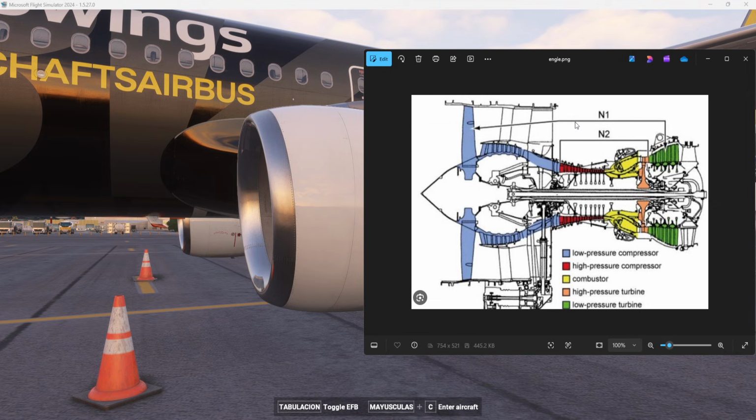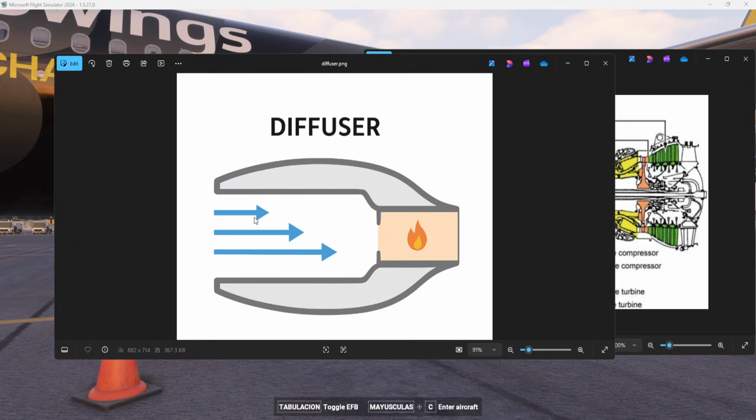We are going to have a diffuser. Now enter the role of the diffuser, okay? Before the air goes to the combustion chamber, it is going to pass through the diffuser section to slow down the airflow and reduce its velocity to ensure what? To ensure smooth airflow.